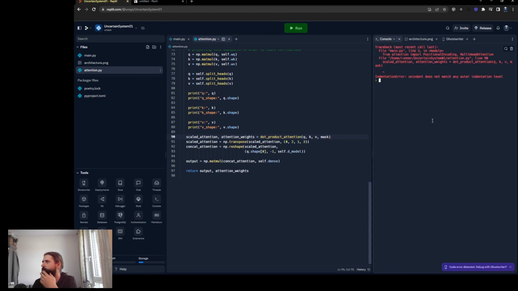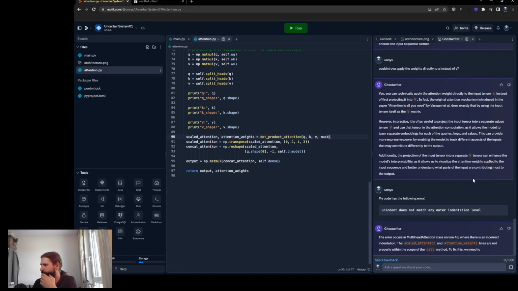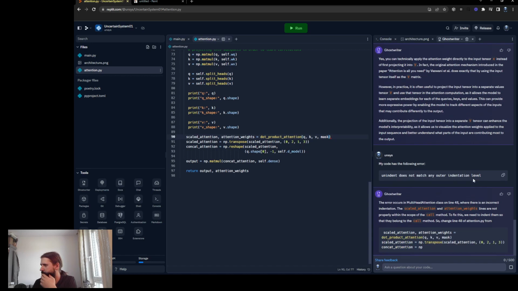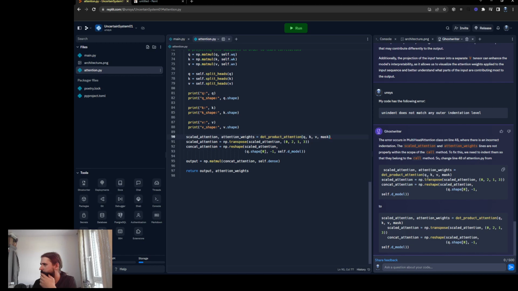I think that's just gonna break, but that's because of debug. To the call method. Scale.